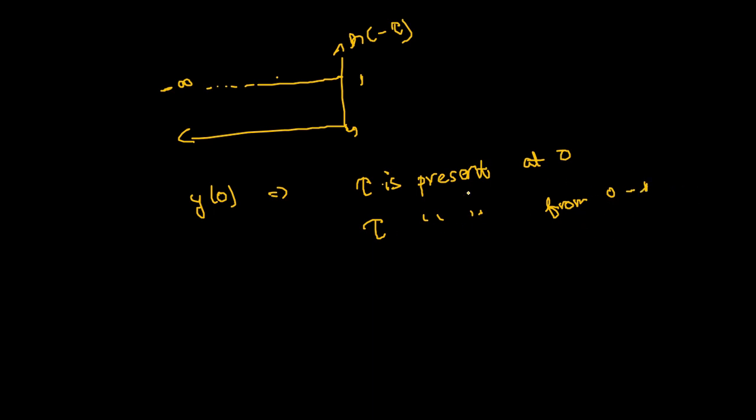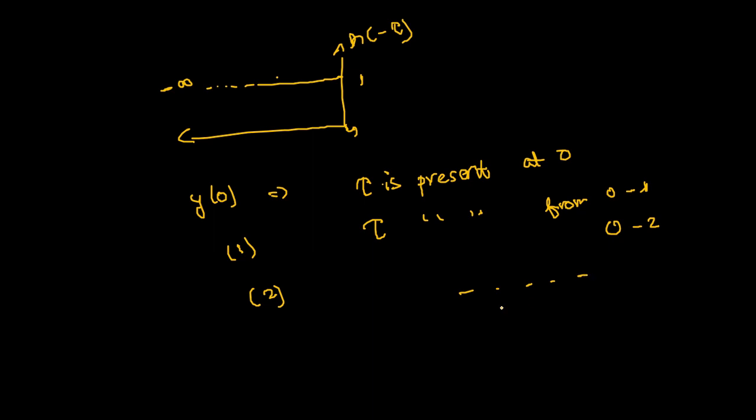Okay, so here what happens is it's not at 0 and 1 alone. It's a continuous graph, so because of that, it will exist at every single point from 0 to 1, like 0.1, 0.2, etc. So that is for 1, and for 2, tau will be present from 0 to 2, and so on.